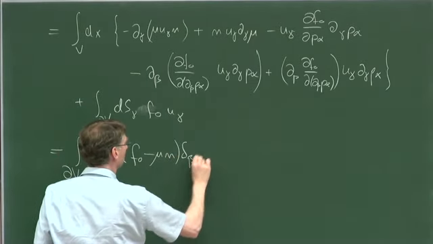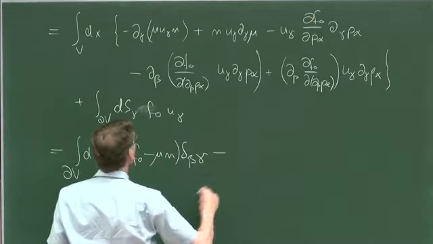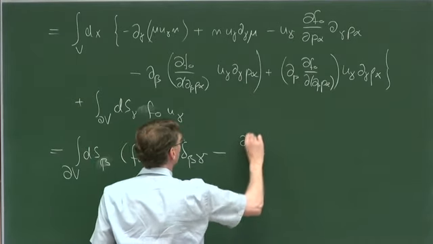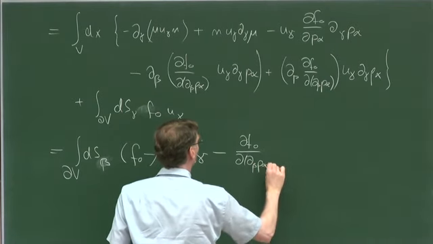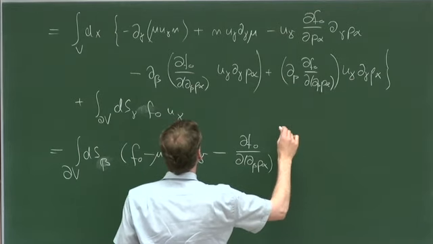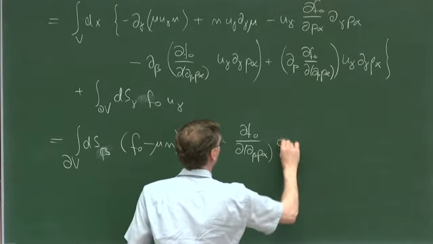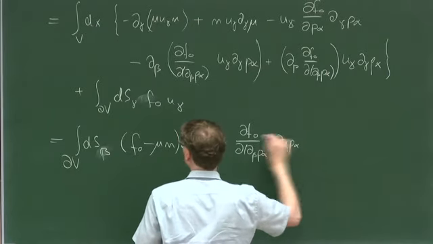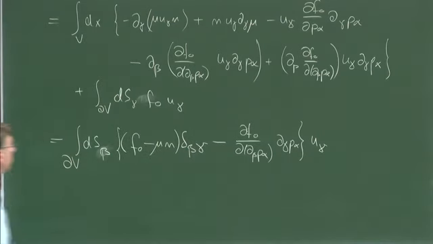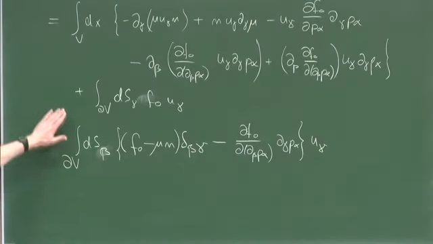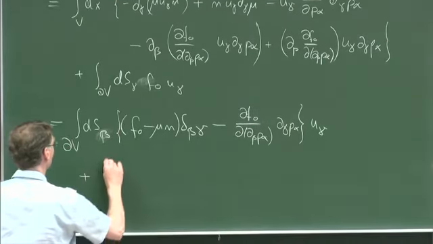And then this δ_βγ. And there's another one, this one here, which gives me minus ∂f_0/∂(∂_β p_α), then I have a ∂_γ p_α, and all of this to factorize u_γ. So this is a flux through the surface.